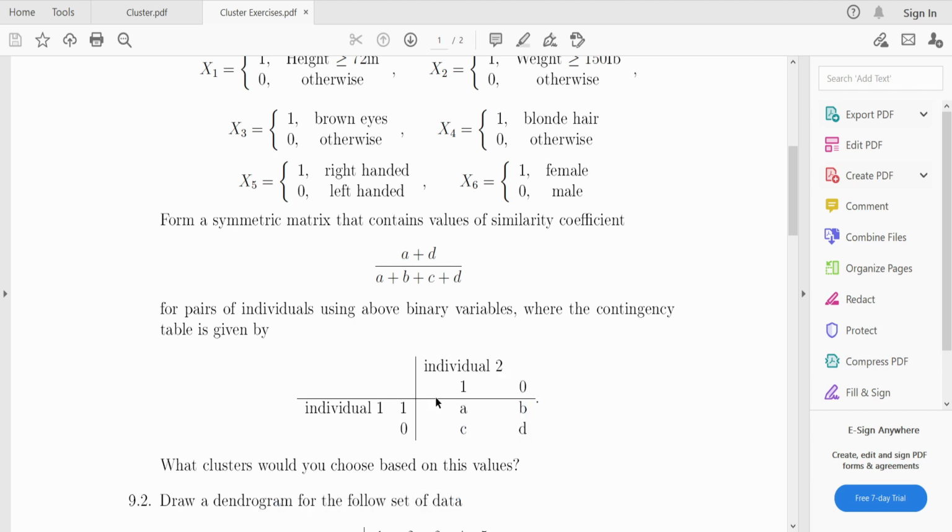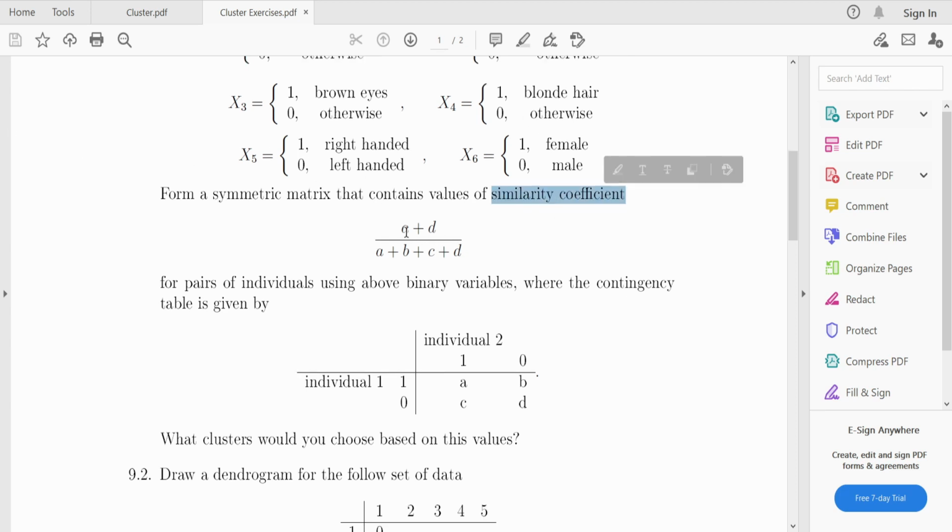But based on these numbers, A, B, C, and D, we can actually create different similarity coefficients. So you're always going to be given this one, but if you have to choose one, then depending on what should weigh more, A, B, C, or D, you can choose your own similarity coefficients.